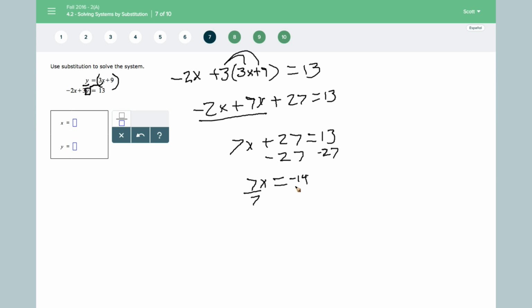Divide by 7, x equals negative 2. So negative 2 goes right there, but I need y as well.